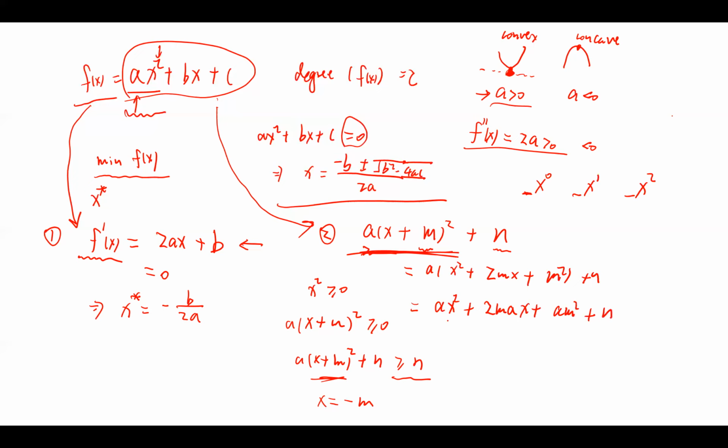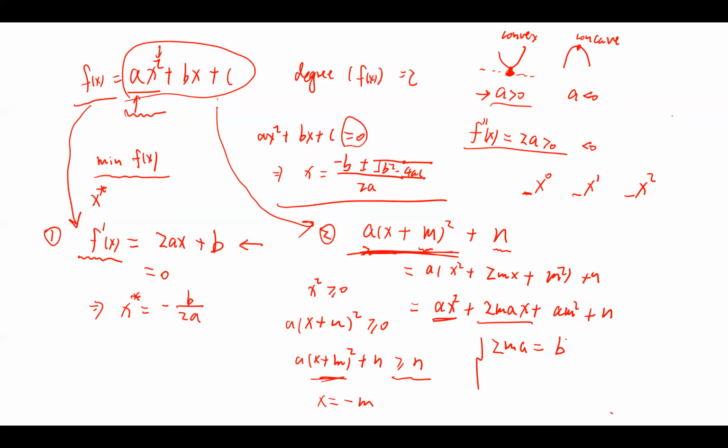Now, by matching the different terms, the first term, then the second term, which is to the power of 1, we have 2ma equals b, right? So this is our second term. By matching the corresponding terms, this gives us an equation to solve.